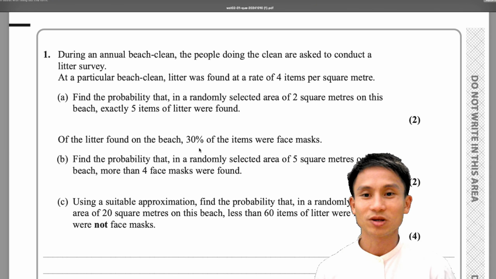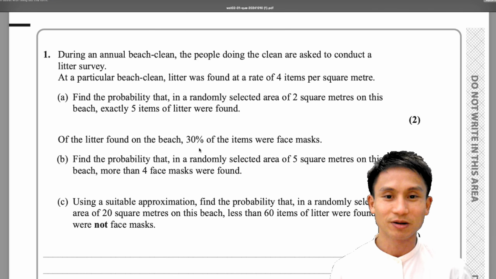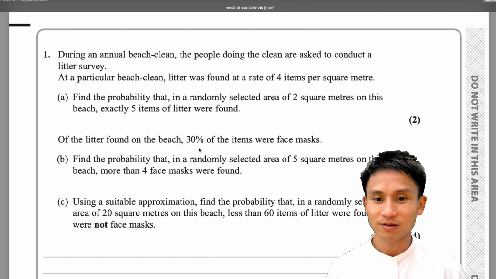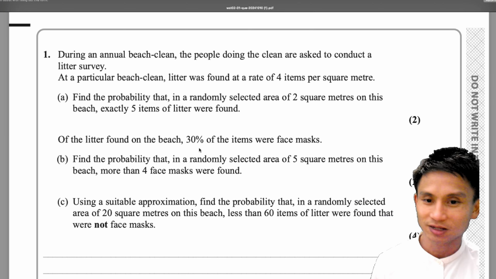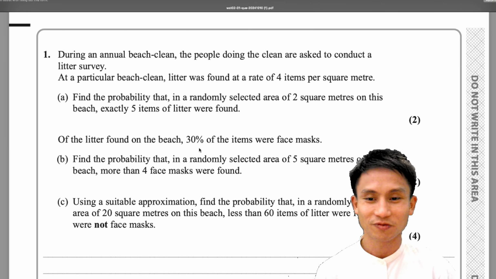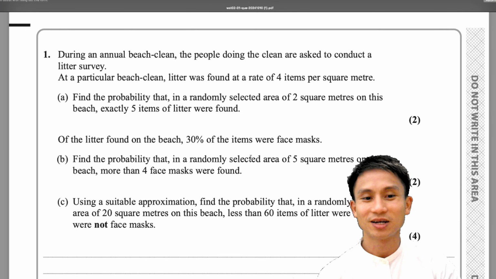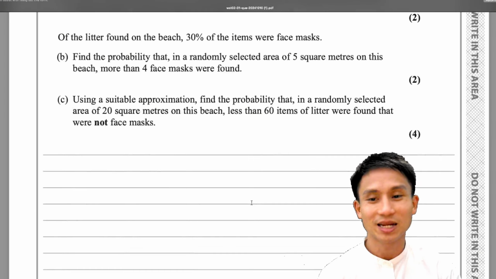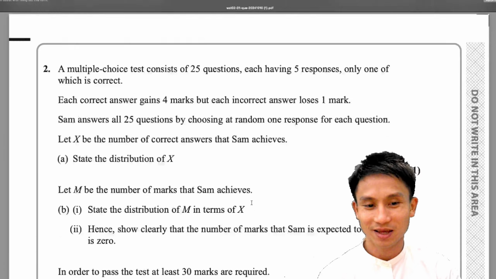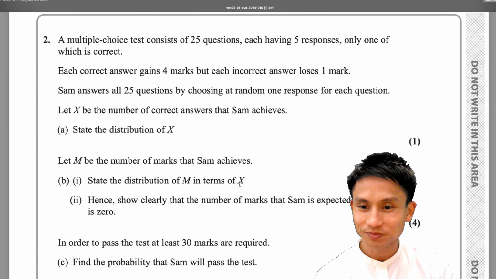So this is talking about a total lambda being everything you find, but 30% is face mask. It was quite hard to figure that out during the exam condition, but I did. And that cost me a lot of time.